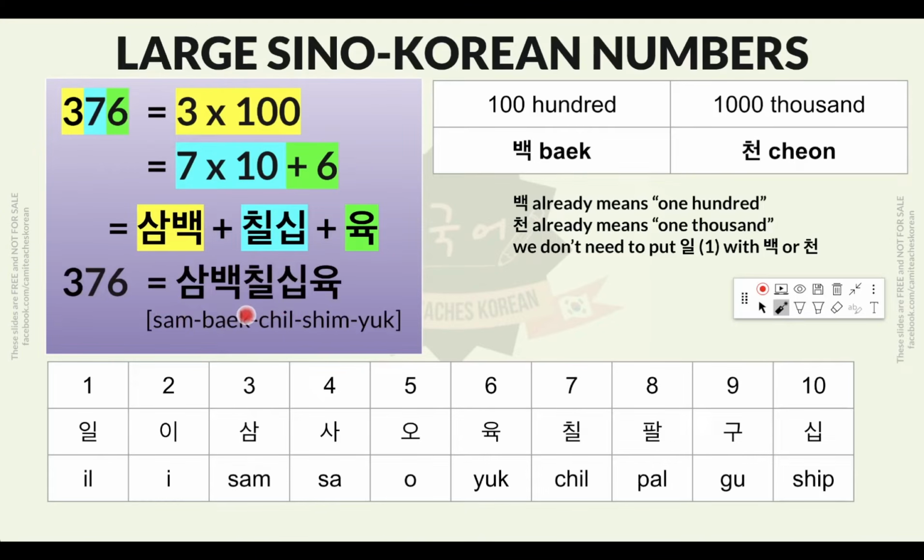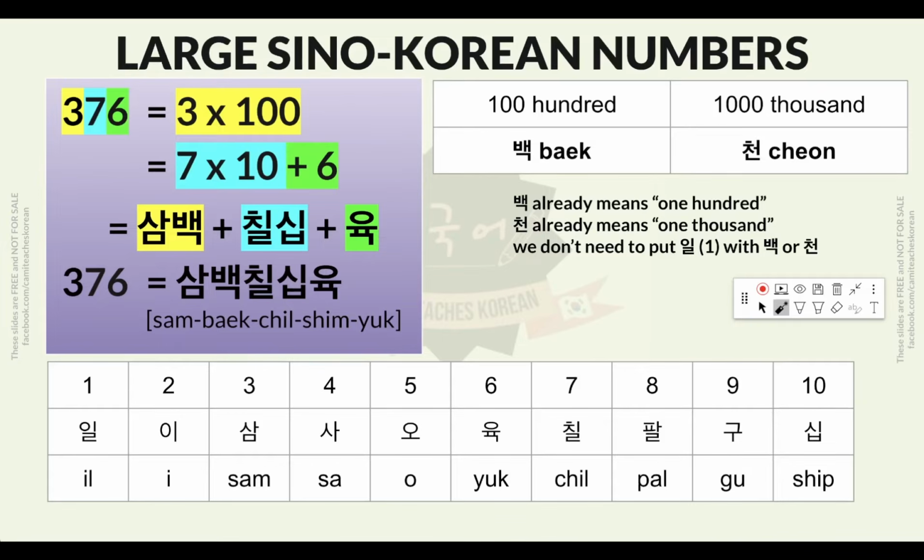Sambek chilshimyuk. So, yung shim po na ito, because of the Y vowel dito, nagiging letter M sound po ito. So, there are nasalization rules po in Korean language. Hindi lang resyllabification, meron po tayong nasalization, tensification, mga liquidation na reading rules.